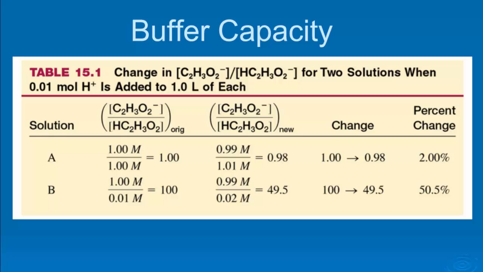So I have two solutions, C2H3O2, that's the acetate ion, to acetic acid, and this just shows you what happens to the pH if I start with a concentration where they're 1 molar to 1 molar, and then in B it's 1 molar to 0.1 molar. It shows you what happens to the pH if I change that.